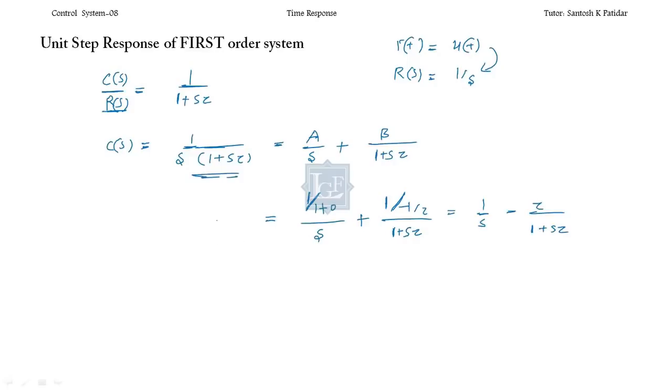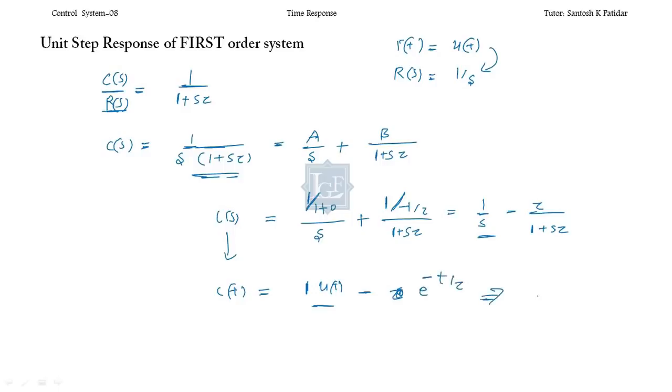So this is your C(s) also. Okay, perfectly fine. Now I'll take the inverse of this. So you'll take the inverse of this, you'll get c(t). 1 by s is nothing but your u(t), that is 1 itself. Whatever input you applied, you are getting over here at the output. Now the subtraction part has tau over here, and when you take tau out, this tau will cancel, and finally you get e to the power minus t by tau.